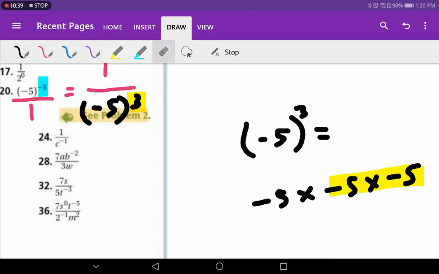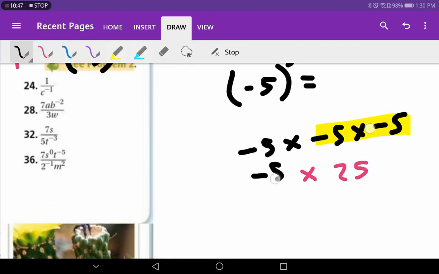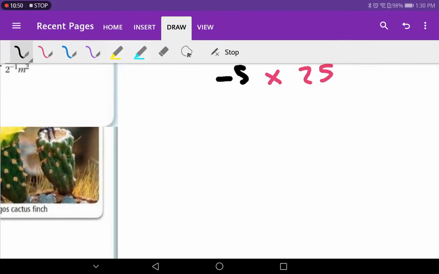Yes? So it will be 25 multiply by negative 5. And negative by positive gives me negative. So it is 125, but with the negative sign.